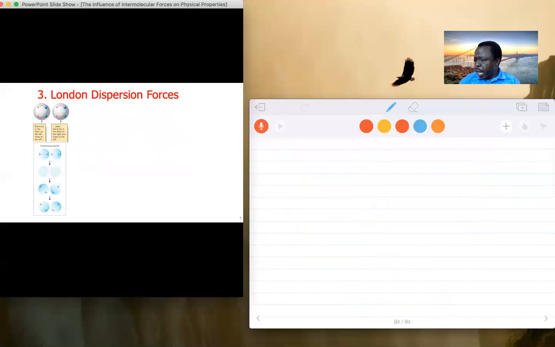Now, the next type is London dispersion forces. It is credited to a scientist by the name London, who discovered this type of force. And it's temporary, all right? It is a temporary dipole. Remember what I just explained to you in terms of dipole.